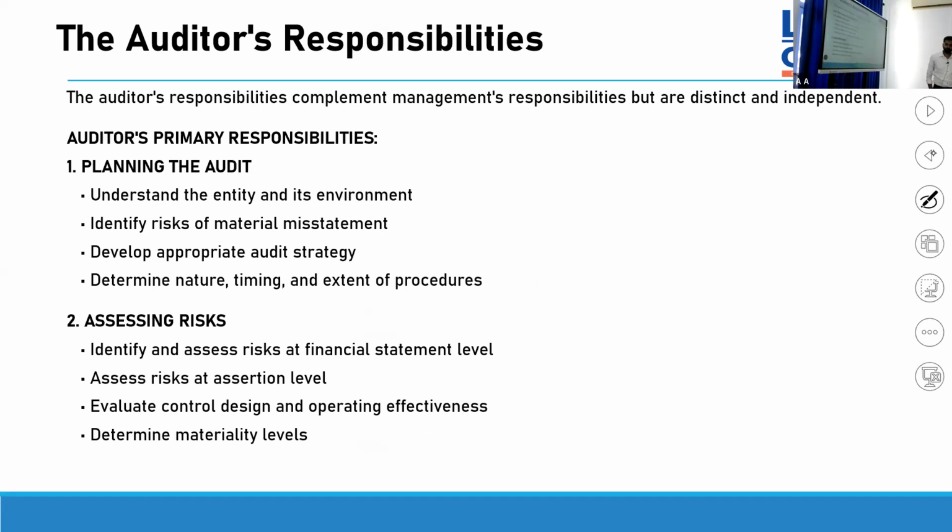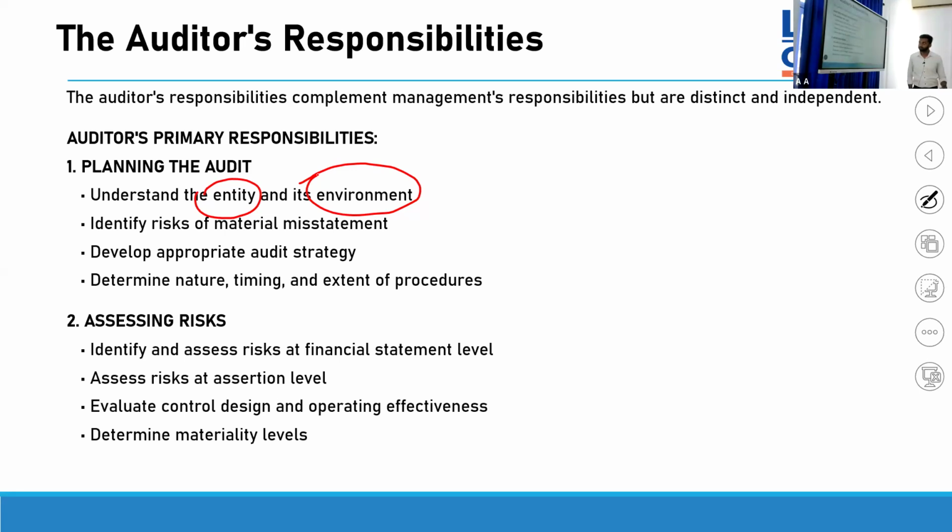Planning the audit. Before conducting any audit or before accepting any audit, first of all, we need to gain an understanding of the entity as well as its environment. Who are the competitors? What is their business process? What is their business nature?